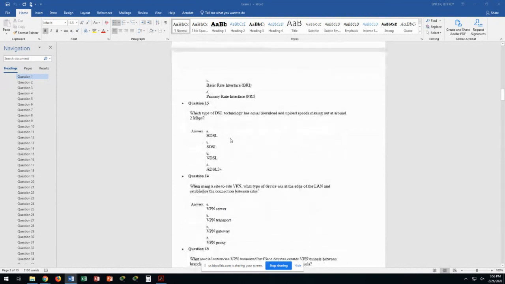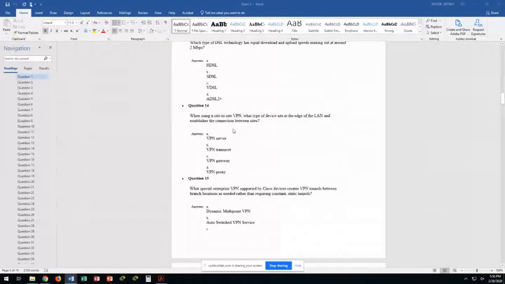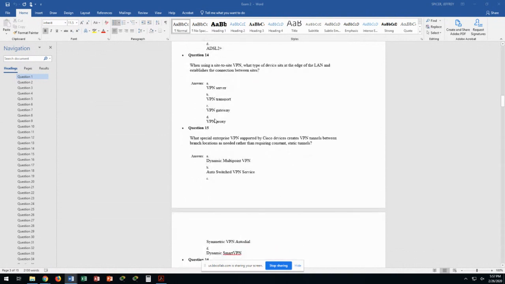All right, number 13. We'll start in the back over here. Which type of DSL technology has download and upload speed maxing out at around 2 megabits per second? B, SDSL, right.